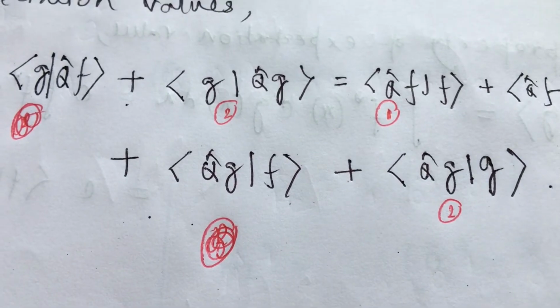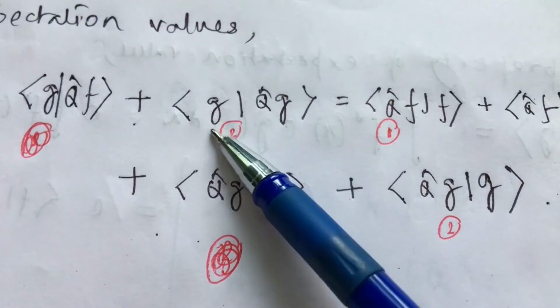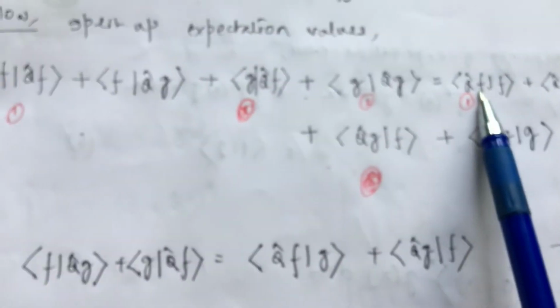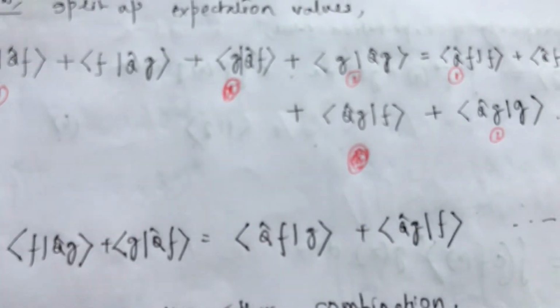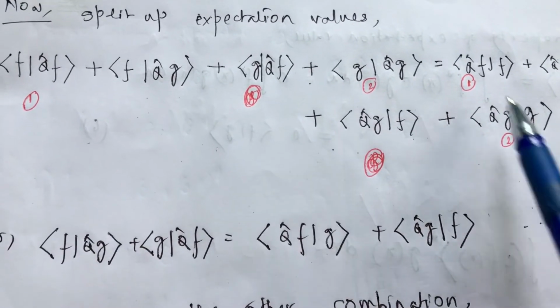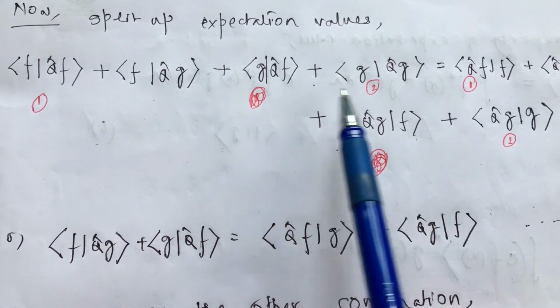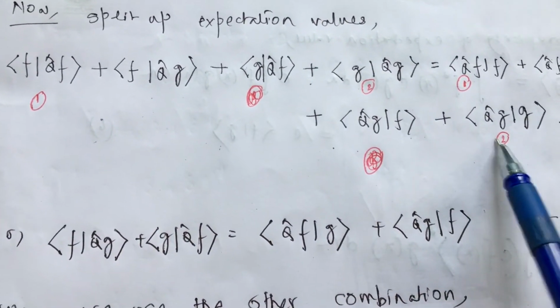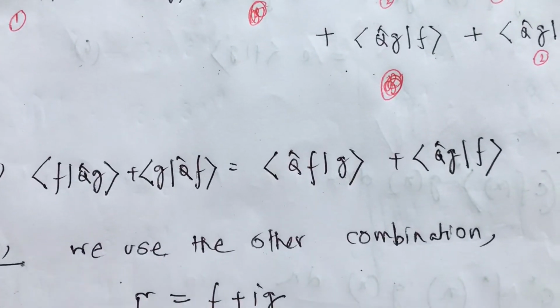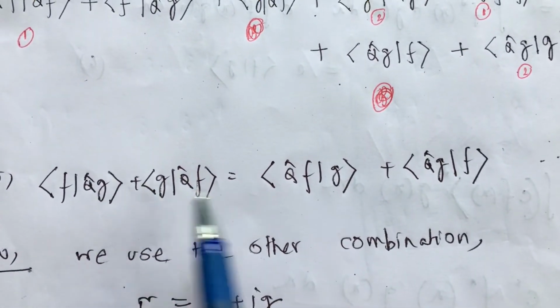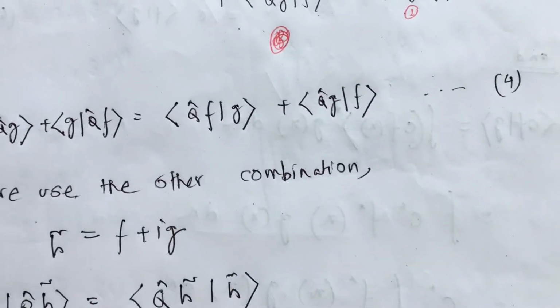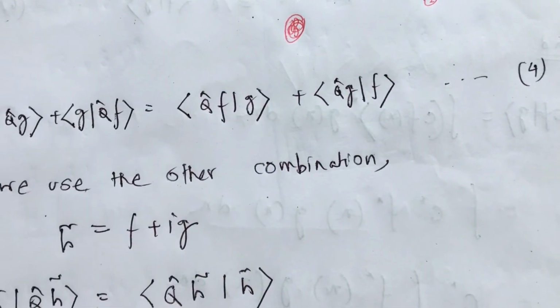So I am cancelling these four terms, and I am left with 2 terms on the left hand side and 2 terms on the right hand side. This is my equation 4.